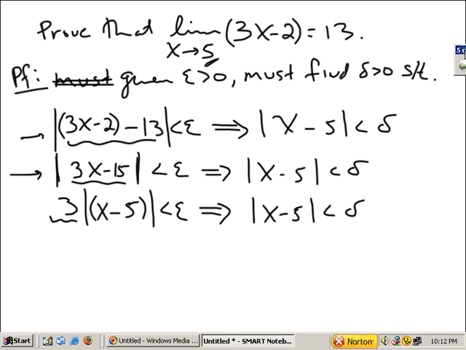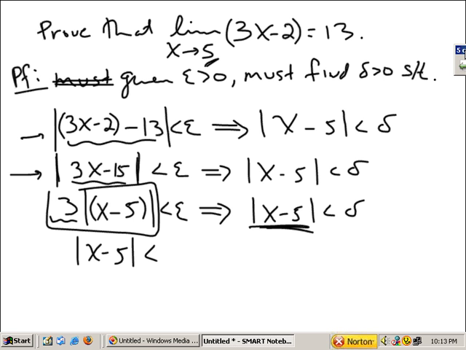Like I said, on the left side, in this area here, I want to get just that. So divide by 3. The absolute value of x minus 5 is less than epsilon over 3. We want that to imply that x minus 5 is less than delta.